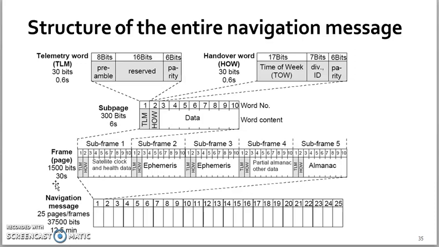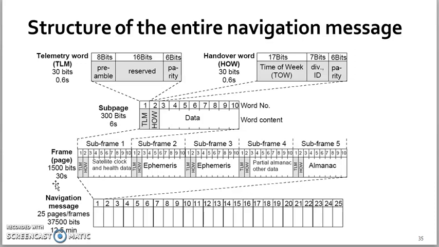The difference in this particular data is nothing but the number of bits transmitted. And the almanac data and ephemeris data consist of the satellite position.